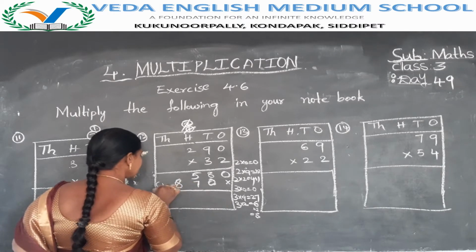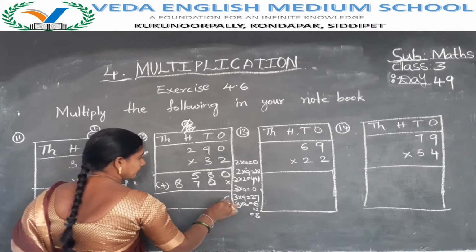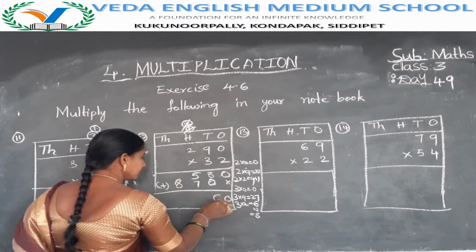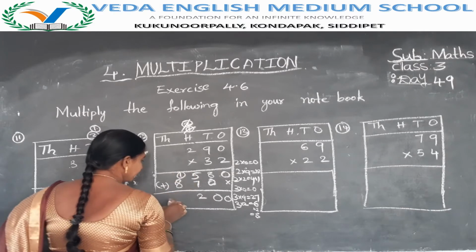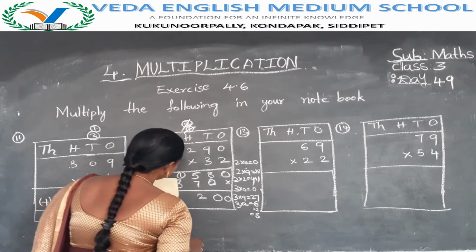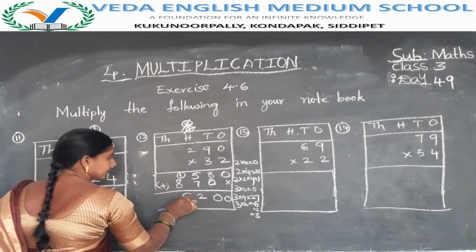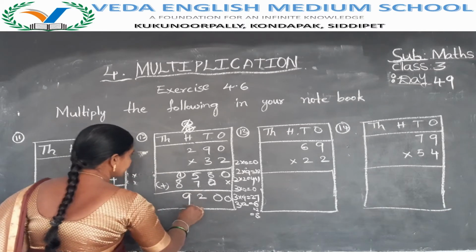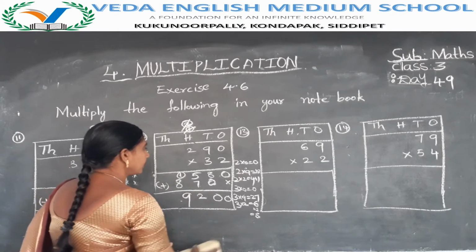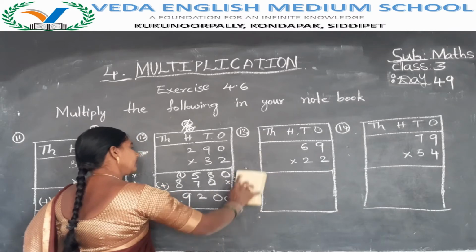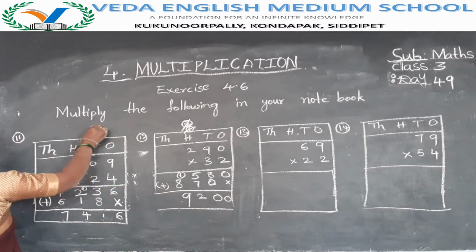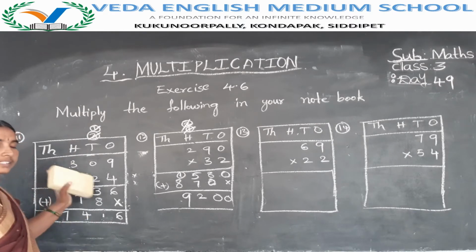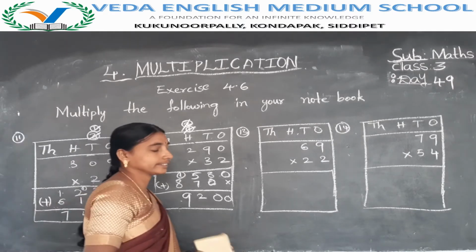Now add these two numbers. 0. 5 plus 7 is 12, so carry 1. 1 plus 8 is 9. The total answer is 9,200. After adding like this, don't get confused; first cut it like this.